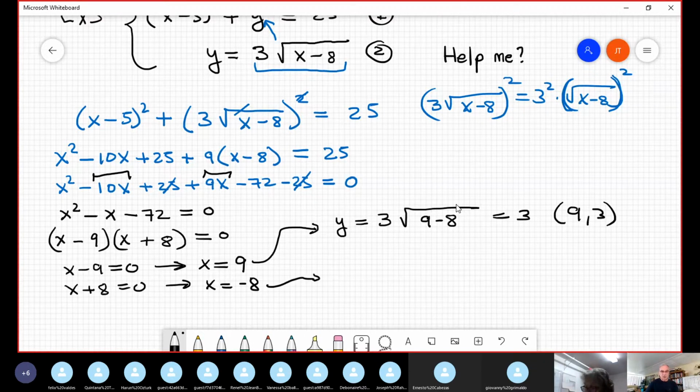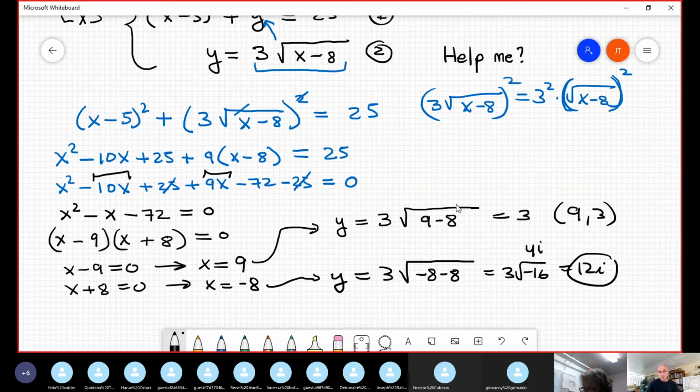The second, again the same equation, but it's 3 times square root of negative 8 minus 8, no? Negative 8 and negative 8 is negative 16. But the square root of negative 16 is an imaginary number, no? It's 4i. This is 12i, and complex or imaginary numbers do not participate in this game. Okay, we are working with real numbers. We are working in the plane x, y, and both are real numbers.